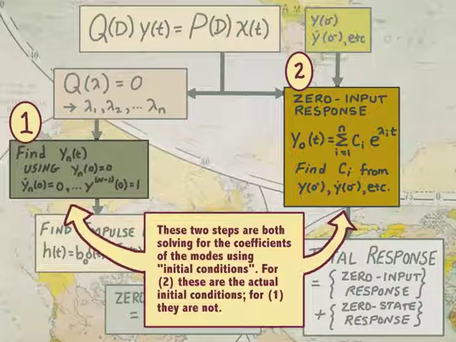On the right-hand side, step 2, I've labeled here, these are the actual initial conditions from the problem. On the left-hand side, step 1 labeled here, these are not real initial conditions. These are sort of fake initial conditions, which are useful for finding the impulse response. So please don't confuse these two different parts of finding the total response.